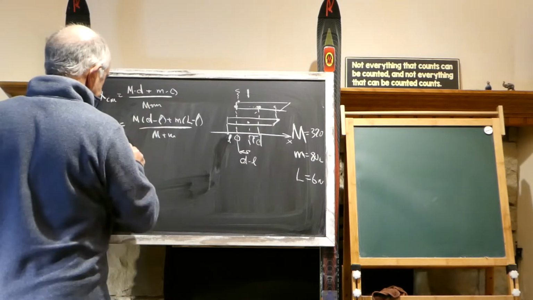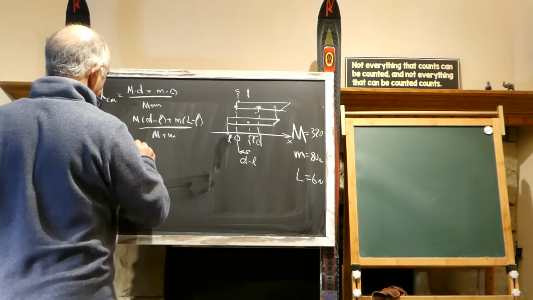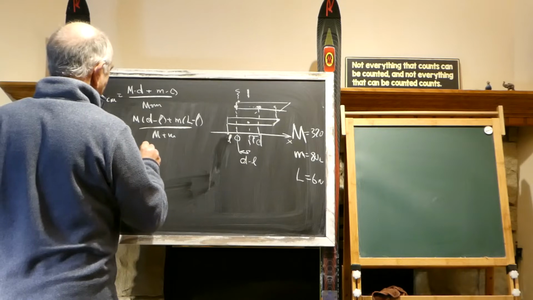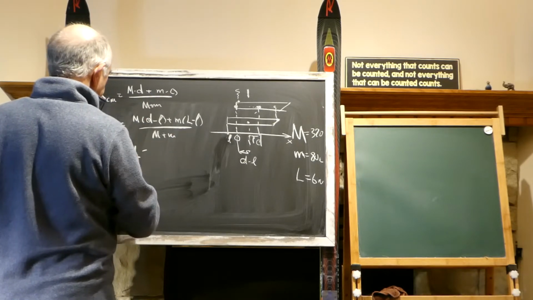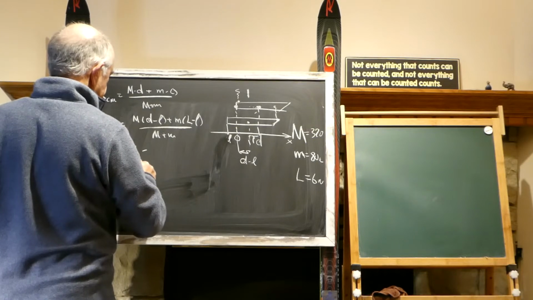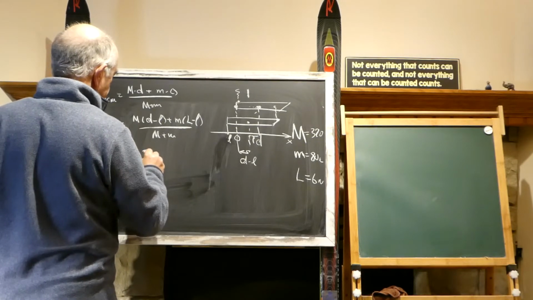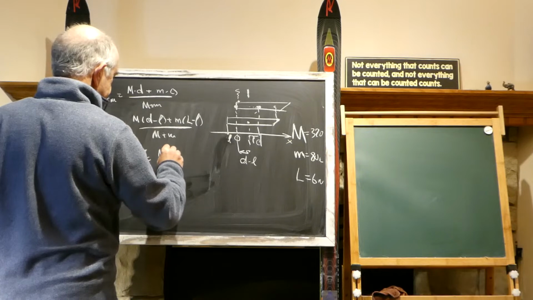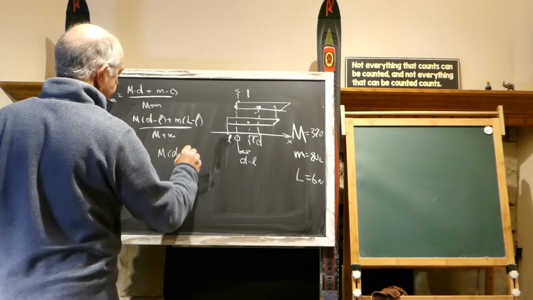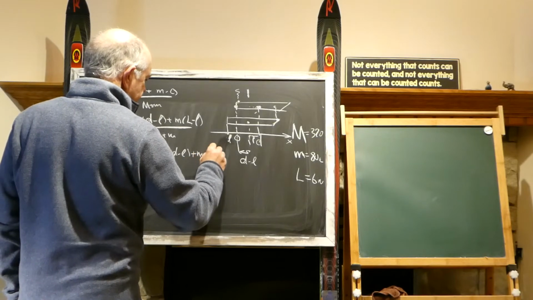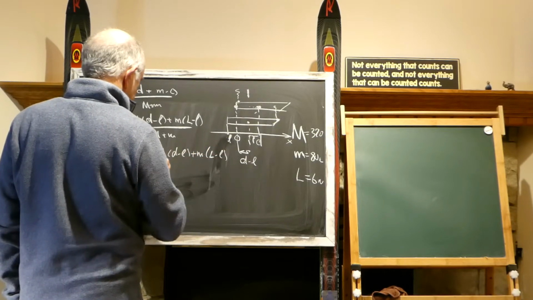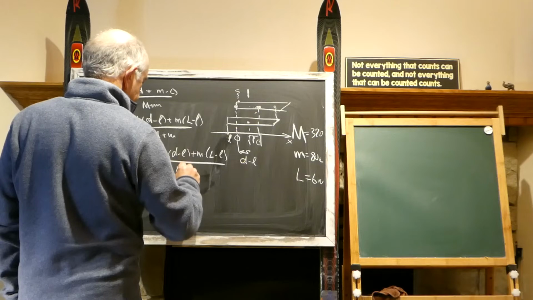So I can write that this thing is md, and m0 is 0, and I put M plus m, which will cancel out, but I will put it to be precise: md minus l, I started to write this thing, plus m lowercase l minus l, over M plus m.